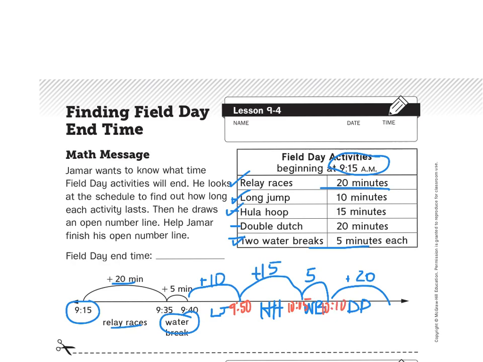And then finally, he adds 20 minutes, and that takes him to 10:30. So field day would end at 10:30 a.m. That's a really short field day. Anyways, today you're going to be using similar strategies to plan a field trip to the zoo.